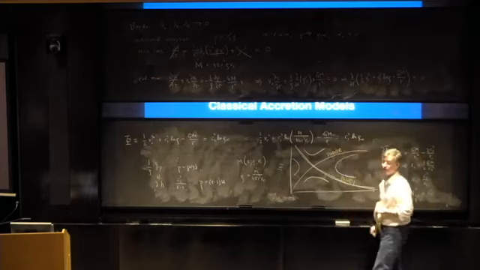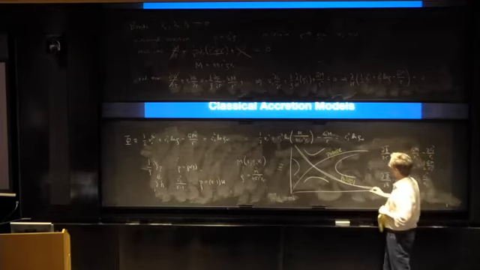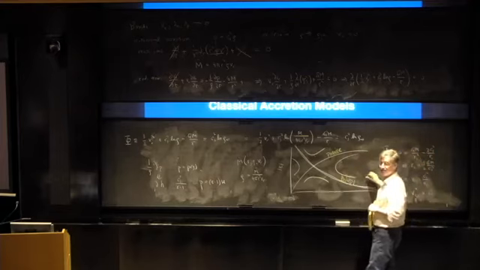So that's something that starts at low speed, goes through a sonic point, and then goes to high speed at infinity. Okay, and then these things are sad because they're double valued, as are these. These are so-called breeze solutions.